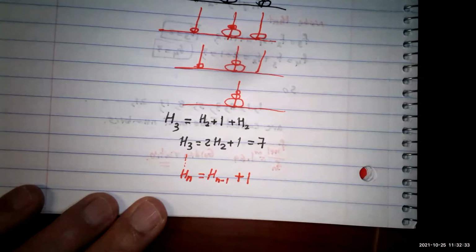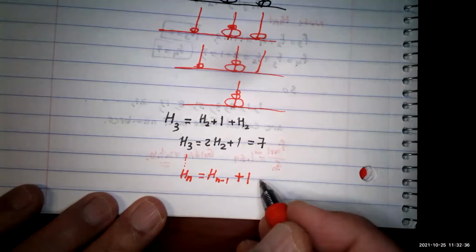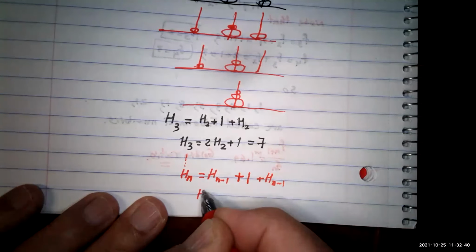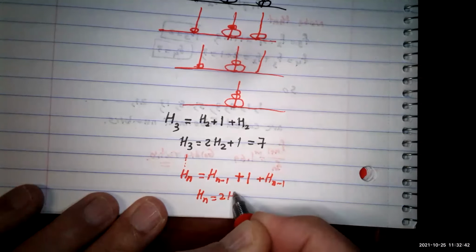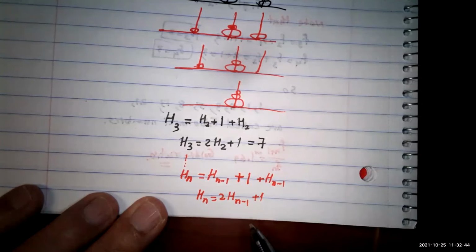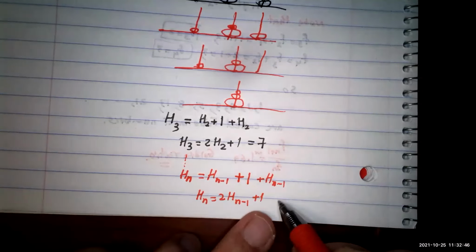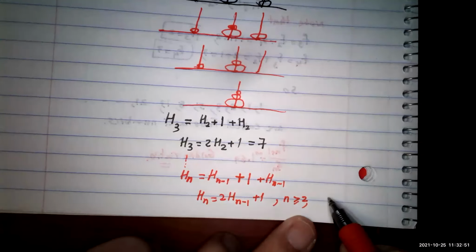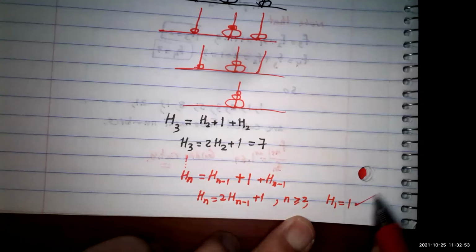You move the isolated one. Then you do the same thing to go back. You see, you are going to get Hn equal to 2H(n-1) plus 1. And of course, H1 is equal to 1.